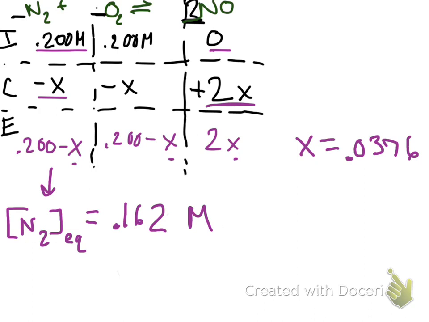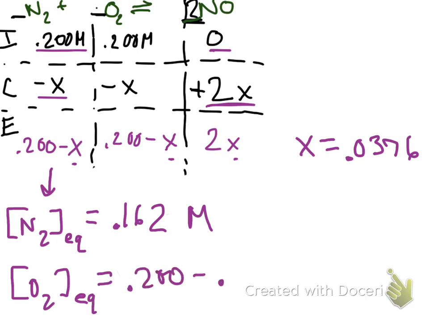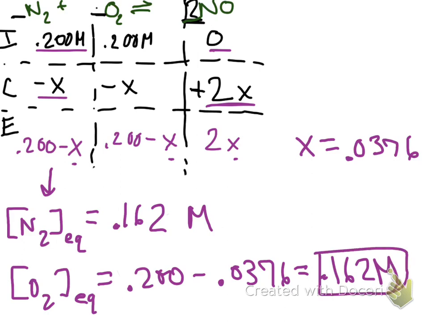The same thing goes for our concentration of oxygen. At equilibrium, it is equal to 0.200 minus x, which is minus 0.0376, which equals 0.162 molar. So that's our concentration for oxygen. Here's our concentration for nitrogen.